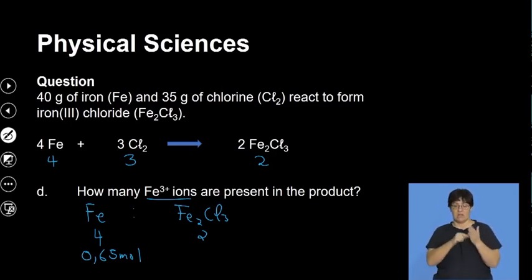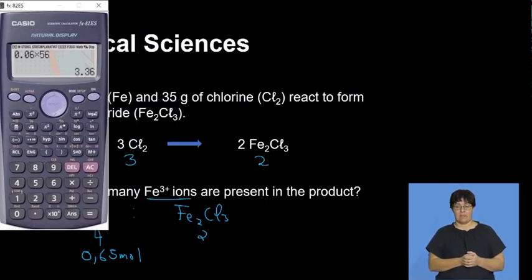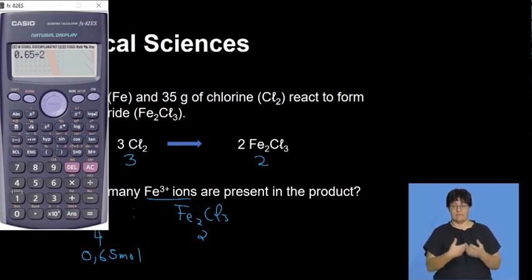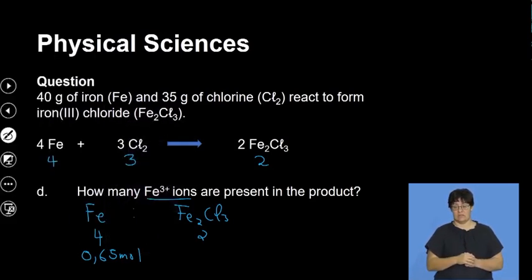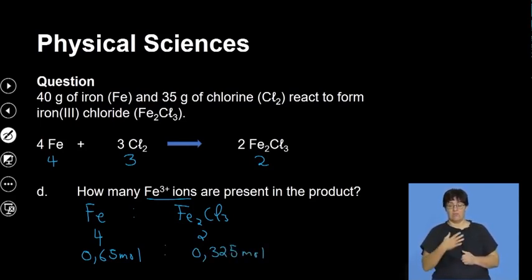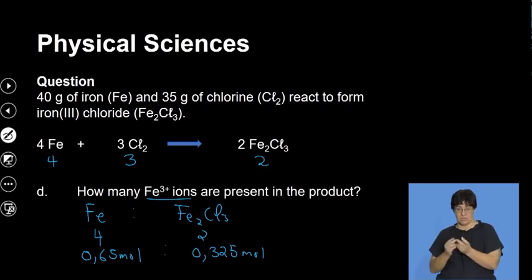If we go to our calculator once again, we'll say 0.65 divided by 2. This gives us, as a decimal fraction, 0.325, okay? So this will be 0.325 moles. But if we go back to this equation in terms of per formula unit, what do we have?